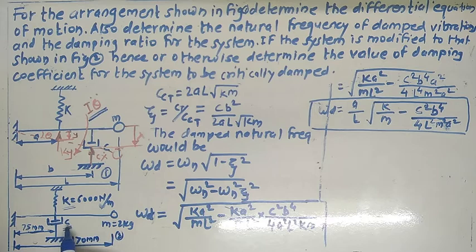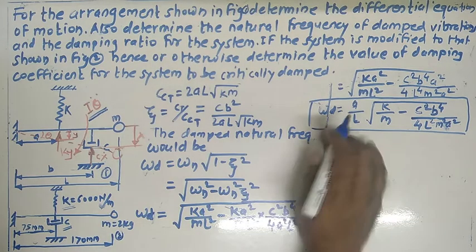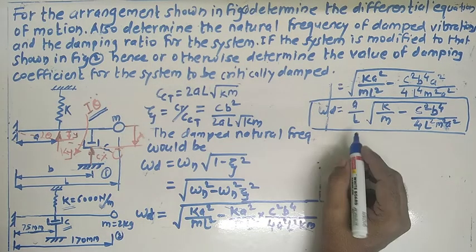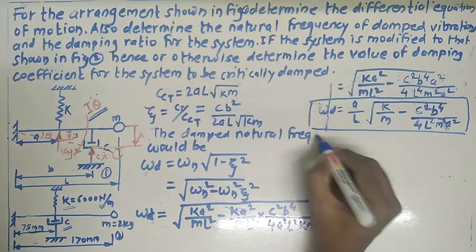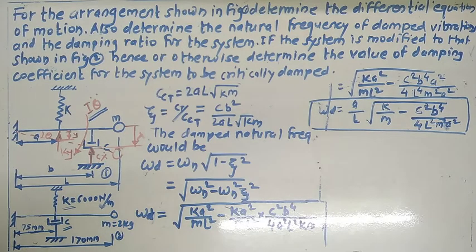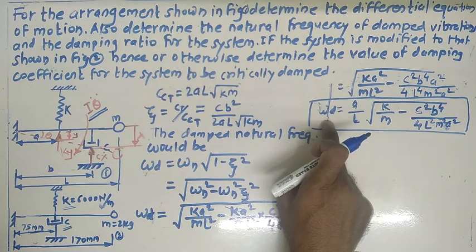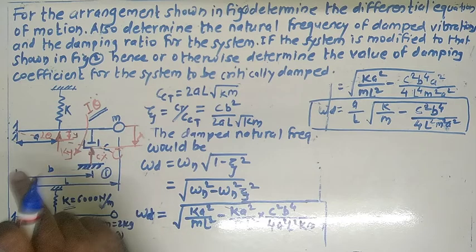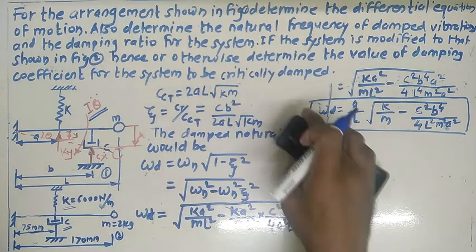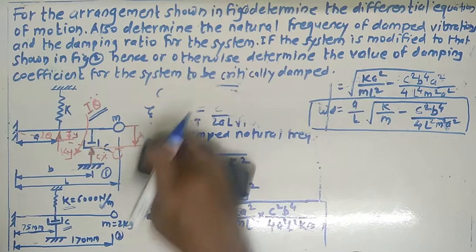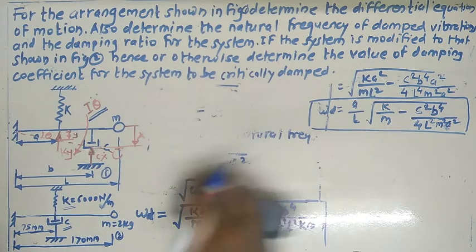The value for the mass is given, and the various distances are also given. I hope the damped natural frequency for the first case is clear. Now with respect to the second system, let us start our discussion.